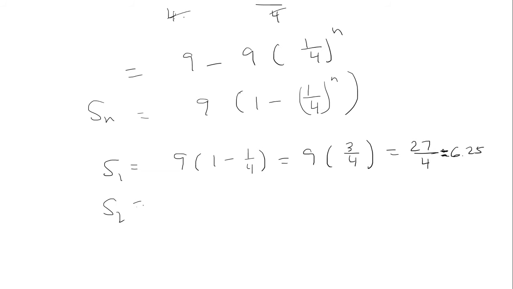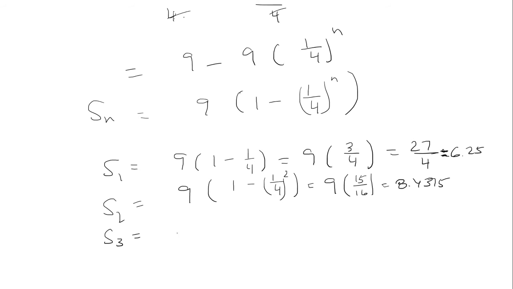If we let n be 2, that would be 1 minus 1/4 squared. 1/4 squared is 1 over 16, and subtracting that from 1 gives 15 over 16. This one is kind of hard to simplify, so you end up getting 8.4375.